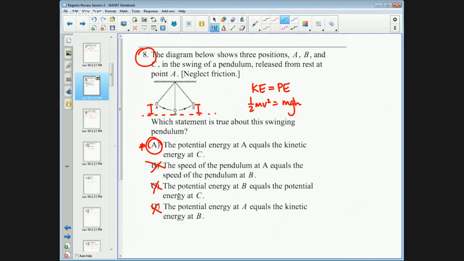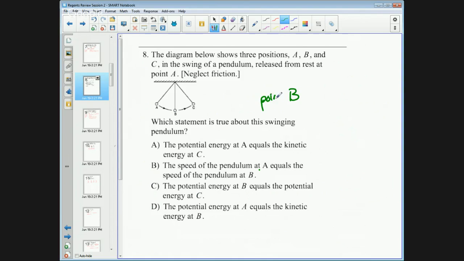Okay, so it says the potential energy at A equals the kinetic energy at B. You know, Nick, to be honest, I'm not entirely sure about this one, but it might be all the stuff that I was saying before. It might be that it's just wrong, but this part here, point B, is the equilibrium point.